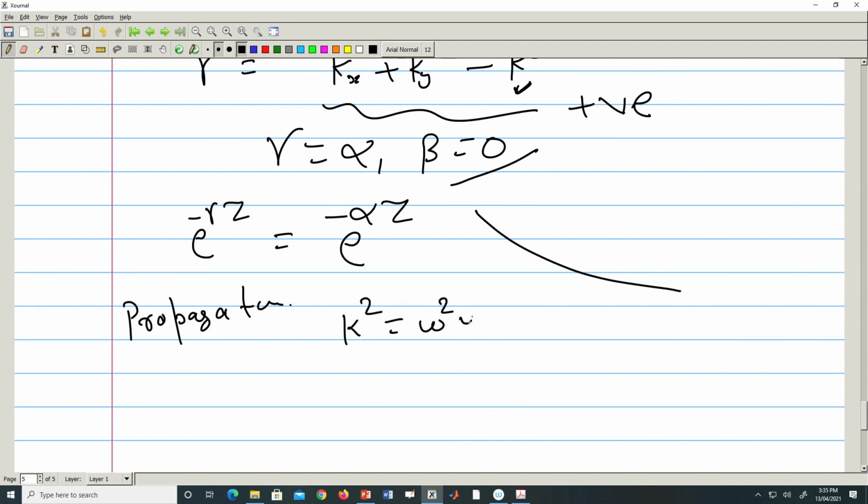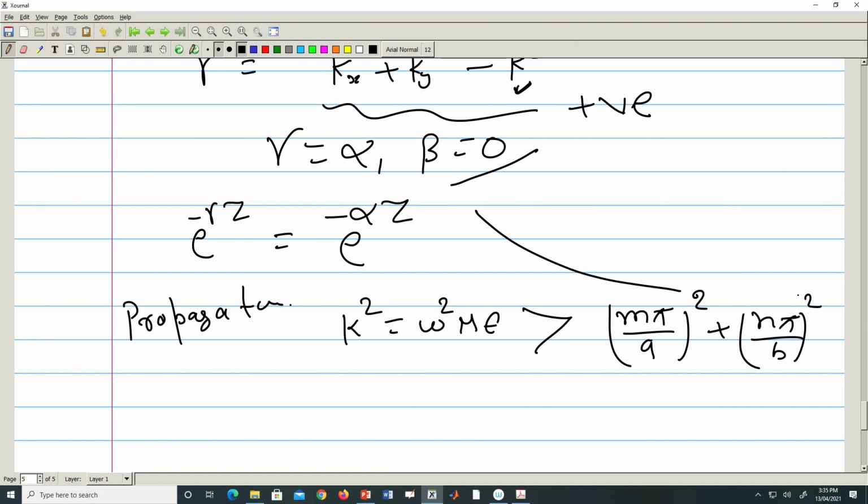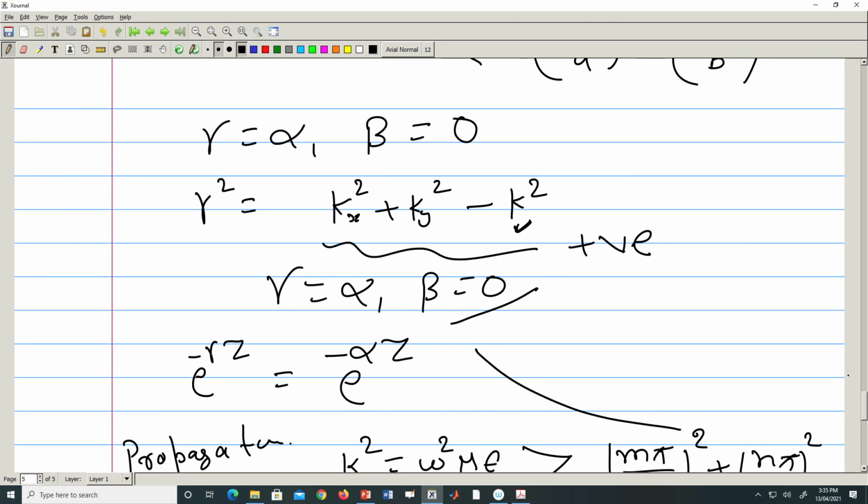Here k square will be greater, so gamma square will be negative. Gamma is the square root of k x square plus k y square minus k square. If k square is greater than this summation of k x square plus k y square, then inside the root it will be negative and gamma will be a purely imaginary number.